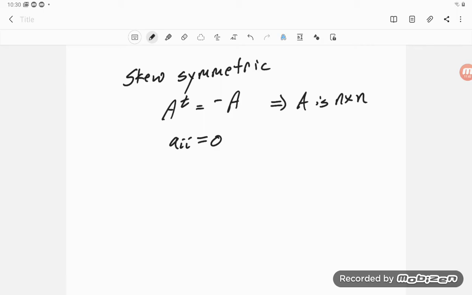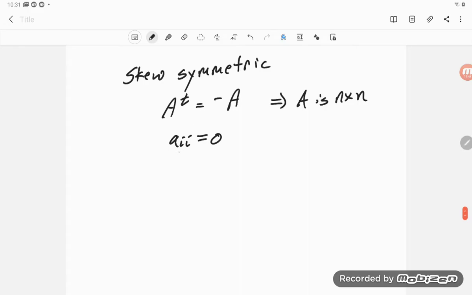They're in the same spot. So we need the negative of Aii to equal Aii, which implies it has to be 0.